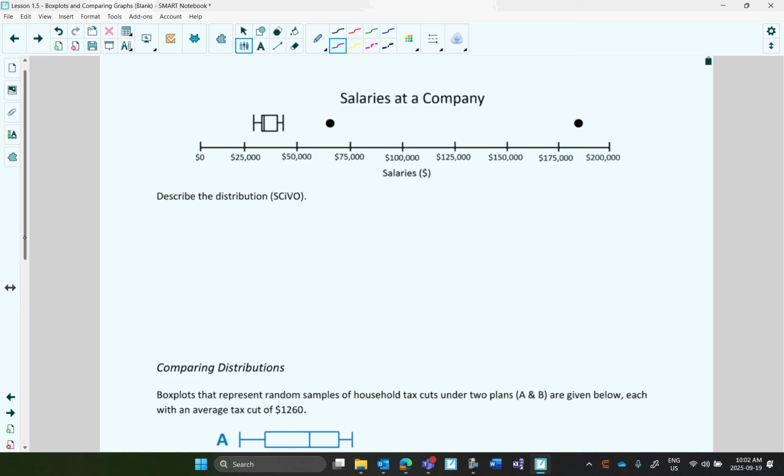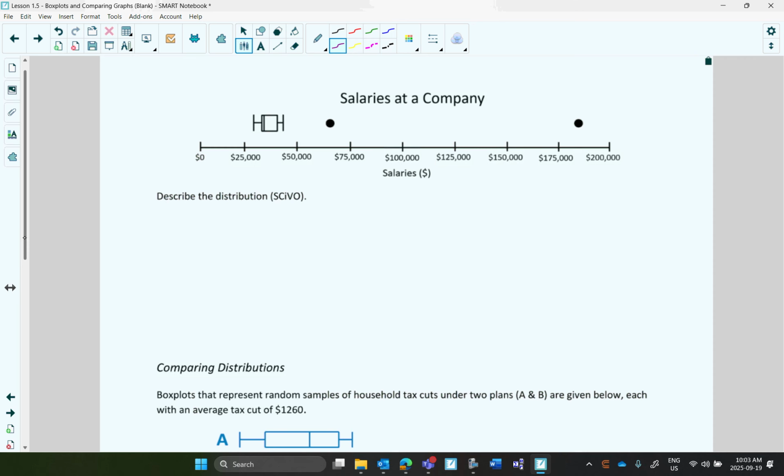A lot of times you may just be given this, or you may be given this and then a bunch of measures of center and variability listed below. When that happens, use the numbers in that table you're given. Don't use the graph. If you're told the mean and median, use those to describe center. Don't just ballpark it here when you're given them exactly.